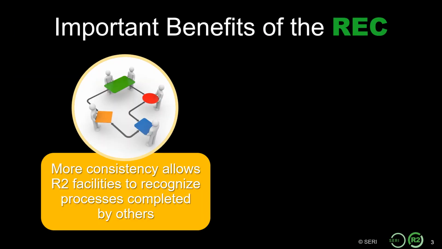An important benefit of more standardized and consistent categorization is that it will allow facilities to recognize the processes already completed by other facilities, eliminating the need to repeat work that has already been done. For example, if a facility purchases used hard drives that have been sanitized by another R2 facility, there is no need to repeat that process.